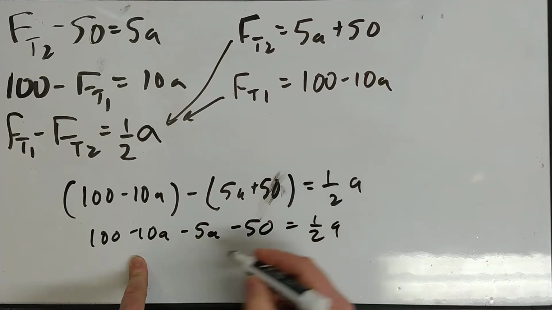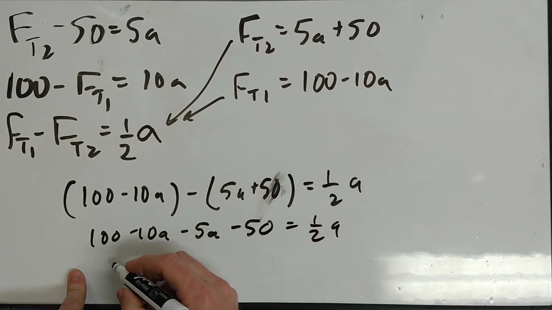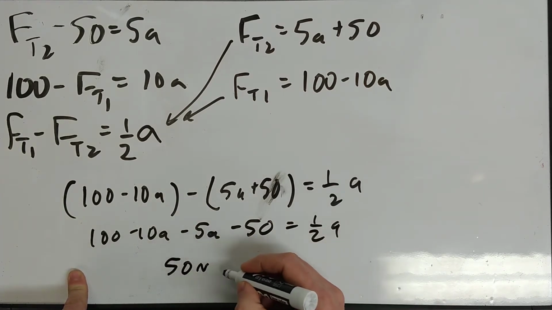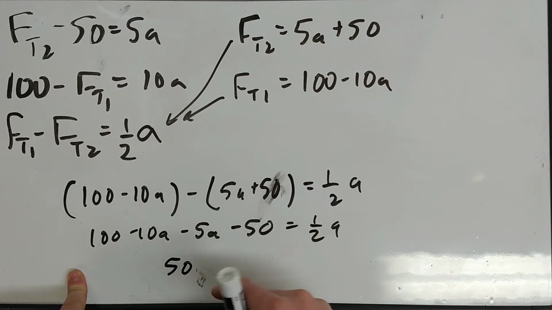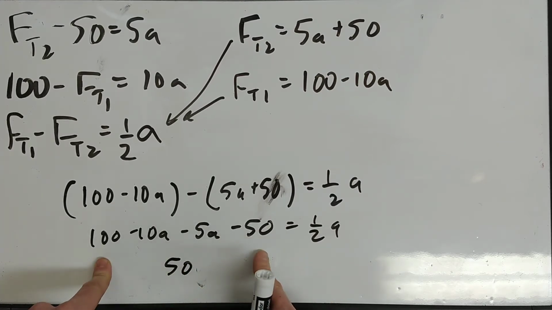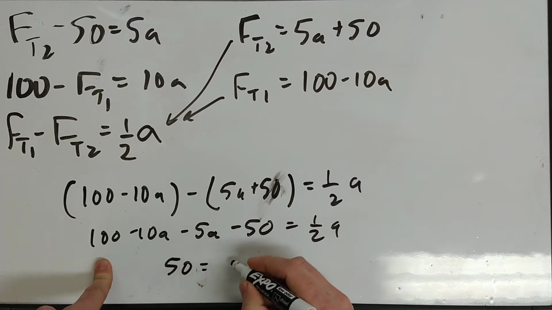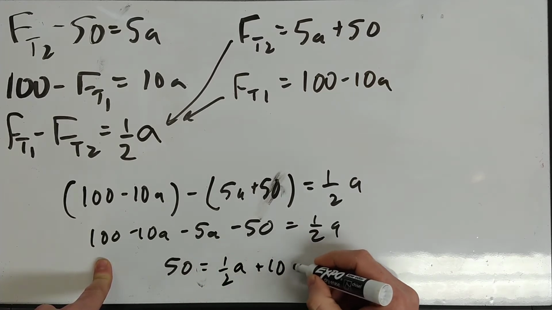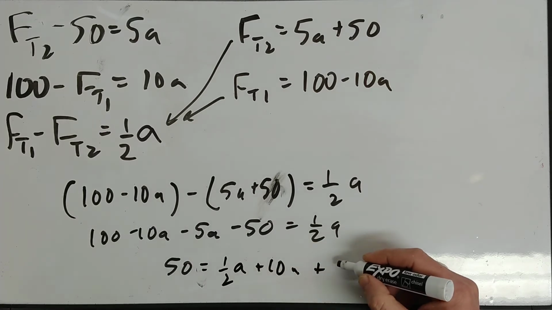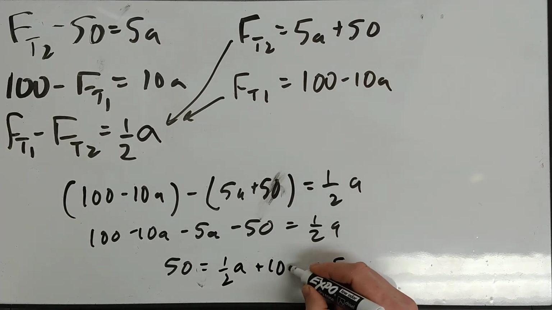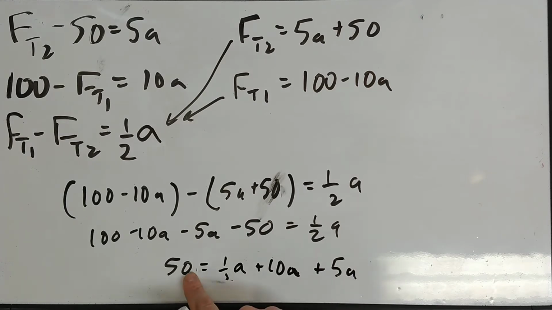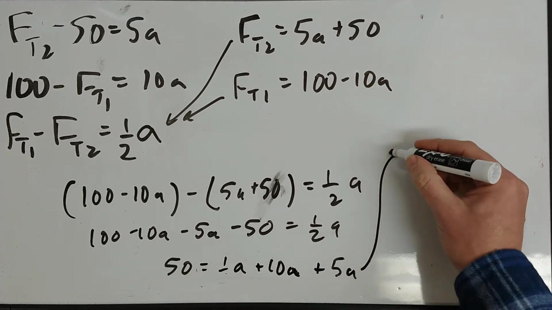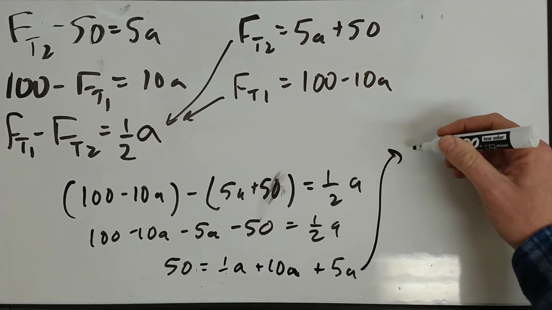Group it all together here. We've got 50 newtons. Well, let's not say that. We've got 50 equals 1/2 a plus 10a plus 5a. Now this is really interesting. You might notice something here. We ended up at the blob method essentially.